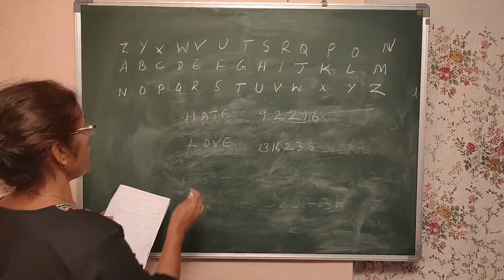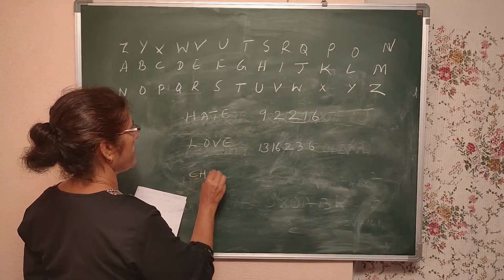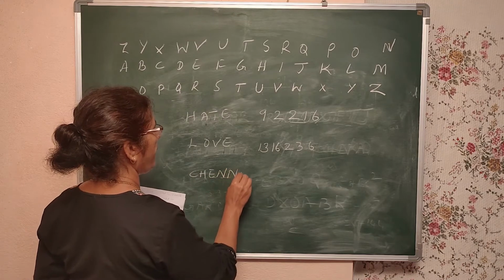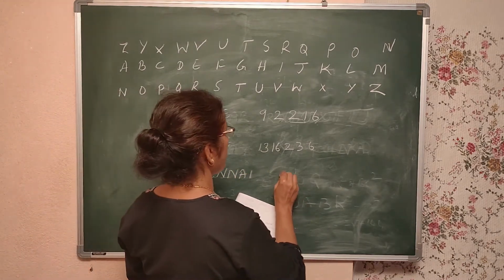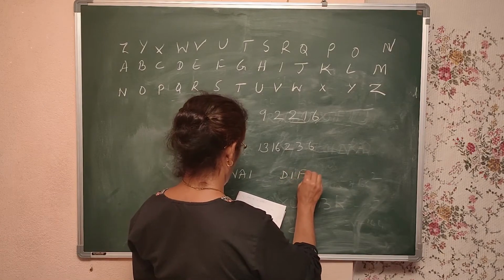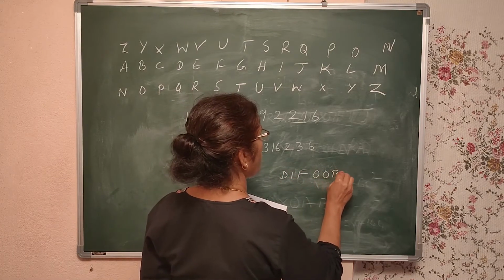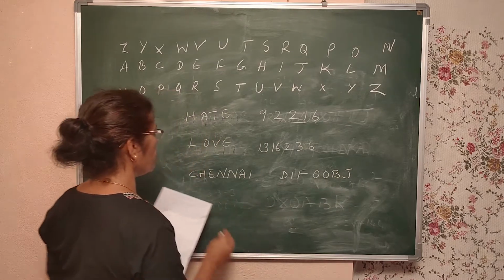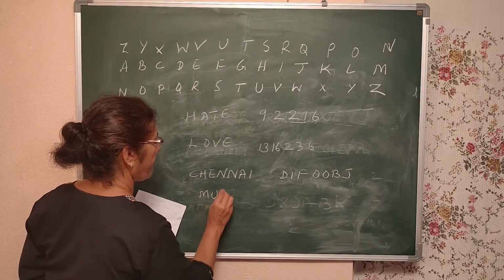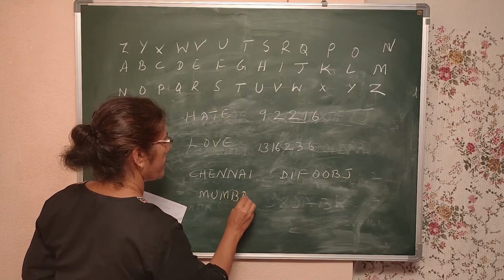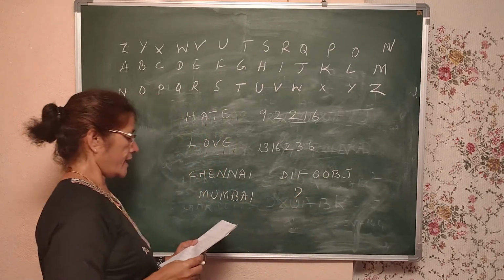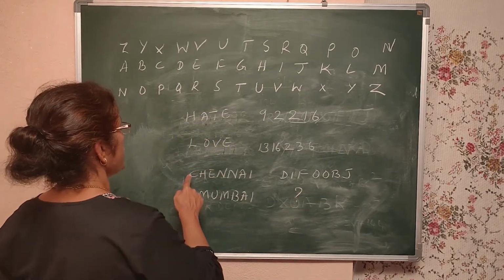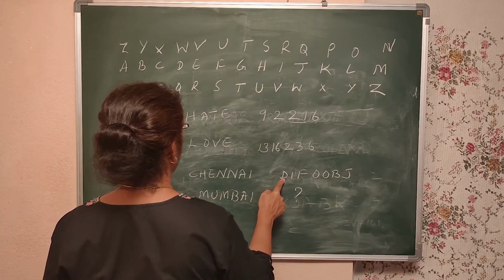If Chennai is coded as DIFOOBJ, then Mumbai can be coded as what? Chennai, CT, very easy.